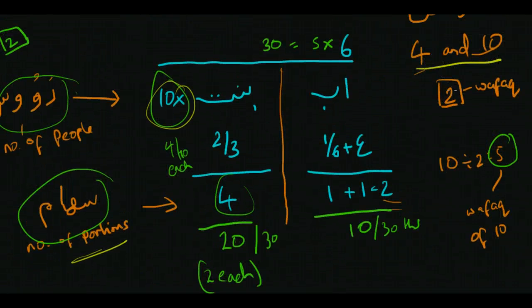So in 4 and 10 the wafaq is 2, and then we take the wafaq of the ru'us number, which in this situation was 10, which is just simply 10 divided by the 2, which gives us another number which is also called wafaq, confusingly, but it's called the wafaq of just the 10, and then we multiply that into the question, and then we can finalize it.